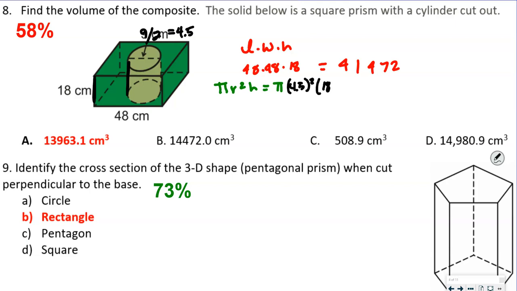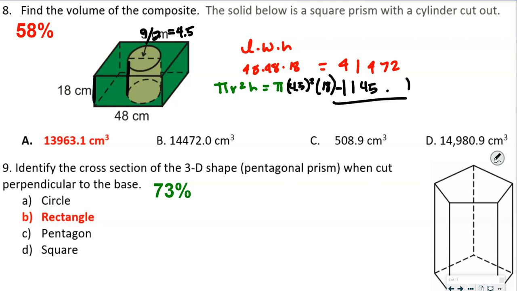So this is going to be times 18. So 4.5 squared times 18 times pi gives us 1,145.1, okay? So we're going to subtract that from the 41,000.